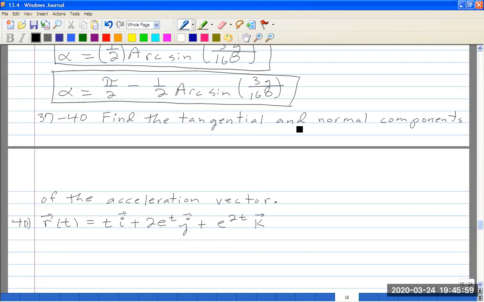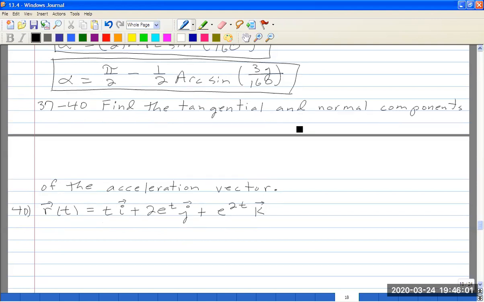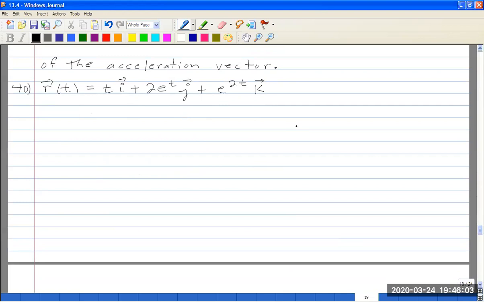And so let's take the first and second derivatives. So this is equal to 1, 2e^t, 2e^{2t}.